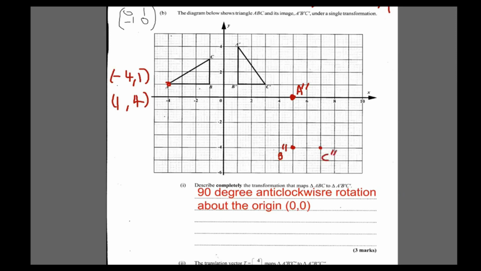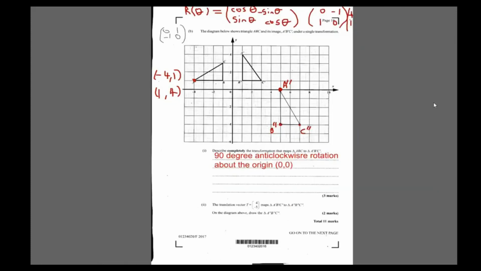And then of course, just connect them to show that it's a triangle. You can't just leave it like that. Show that it's a triangle. That's it. Nice and easy. That takes care of this question.